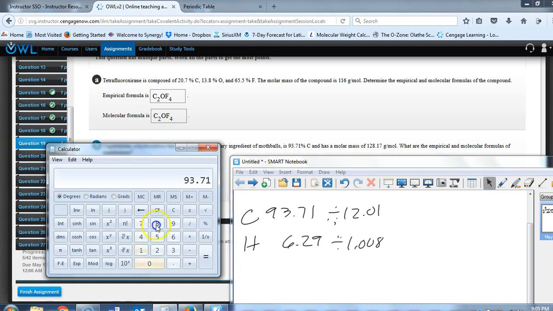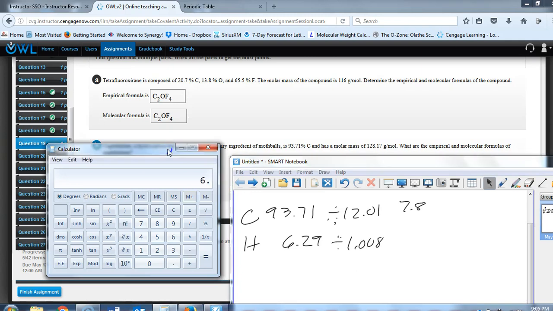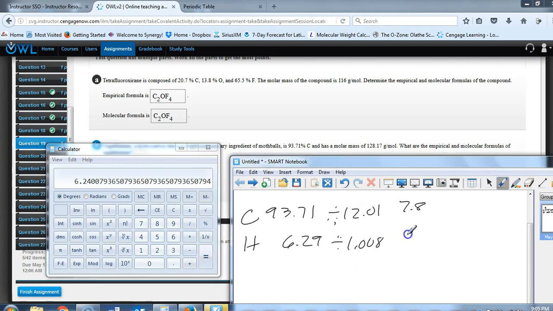93.71 divided by 12. We get 7.8 moles. 6.29 divided by 1.008, and we get 6.2 moles. Divide by the smaller of the two.